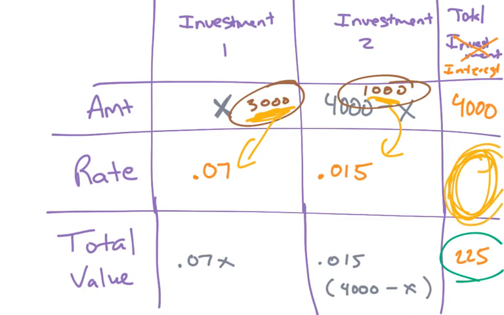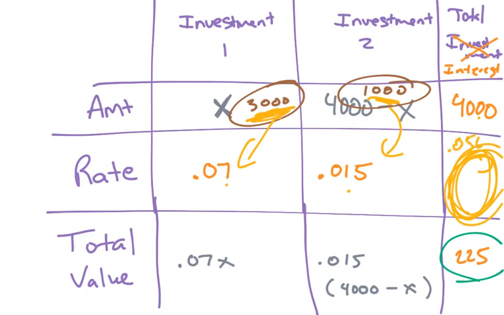Whatever this value is, it's going to be far closer to 7% than it is to 1.5%. In fact, we can actually figure it out real fast, right? So we know that we multiply going down, so 4,000 times this gives me 225. So all I have to do is 225 divided by 4,000. And that comes out to be roughly 5.6% or 0.056.